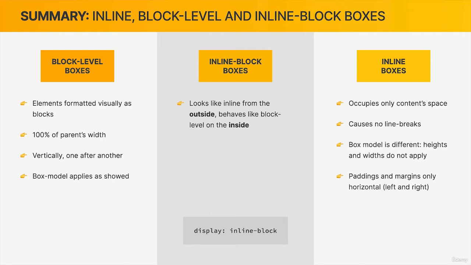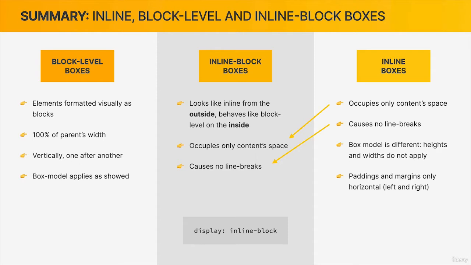So inline block boxes look like inlines from the outside, but they behave like block level elements on the inside. What that means is that inline block boxes only occupy the space that they need for the content, and therefore they do not cause any line breaks. So this is what I mean when I say that the inline block box behaves like an inline box from the outside.